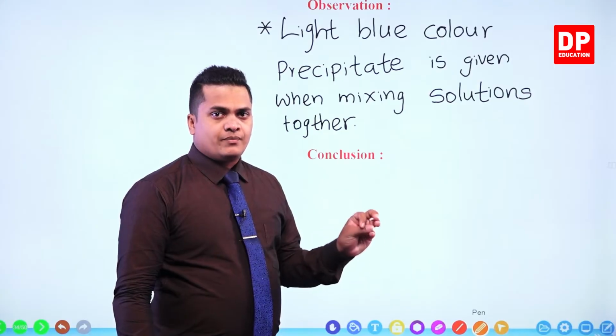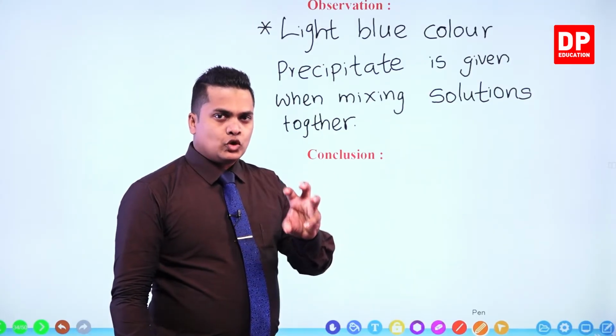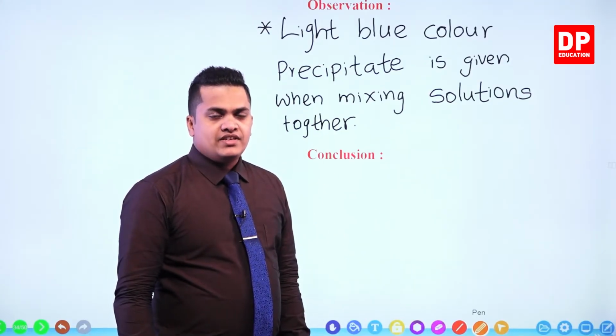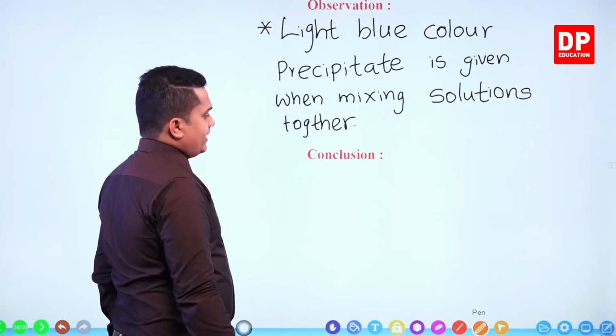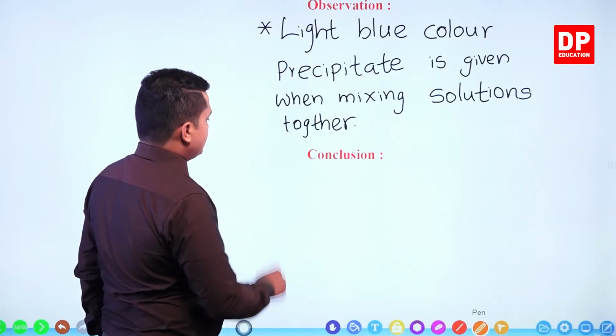So the occurrence of a precipitate is good evidence to show that there is a chemical change. So my dear children, you can finally write down the conclusion like this.